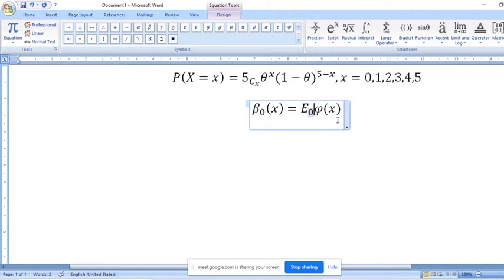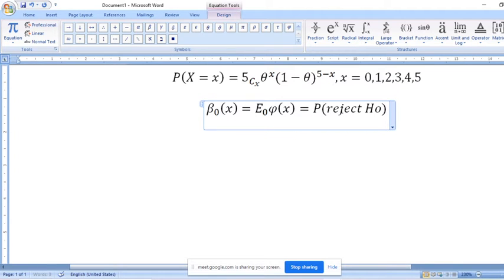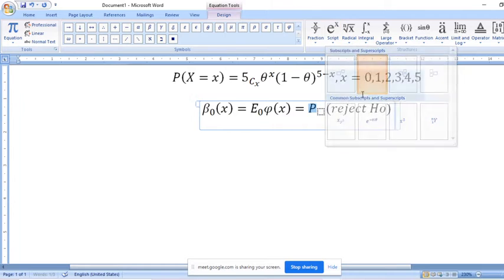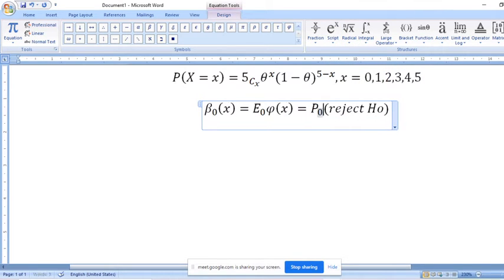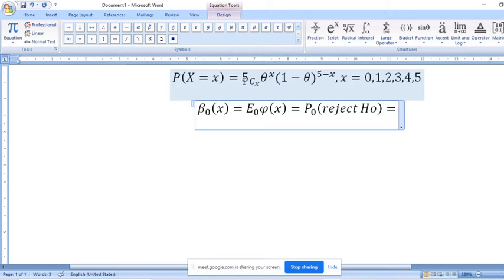It will be 0 if you observe 0, 1, 2, 3, 4. That means this is exactly the probability of rejecting H naught when H naught is true. So what is this?